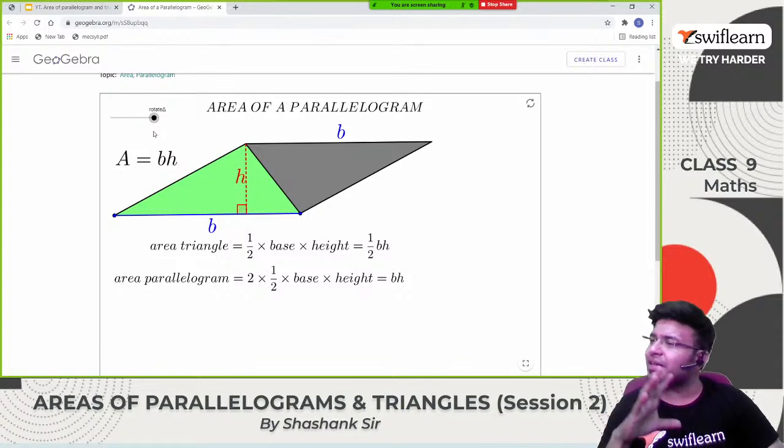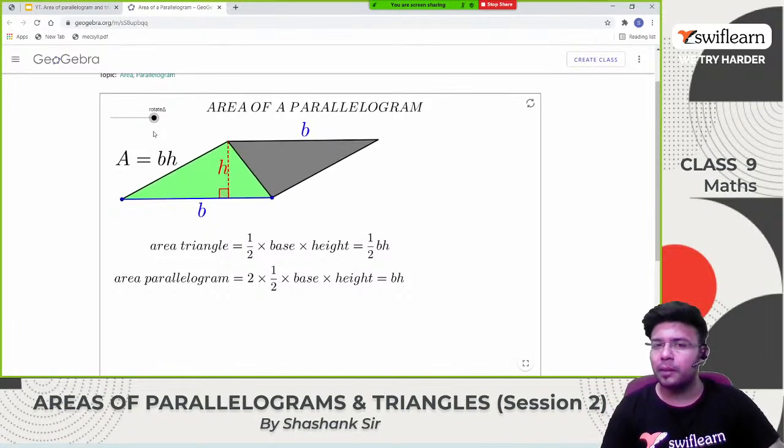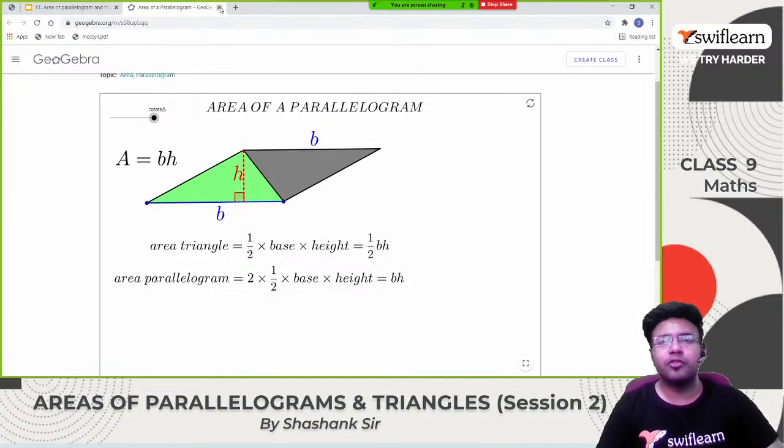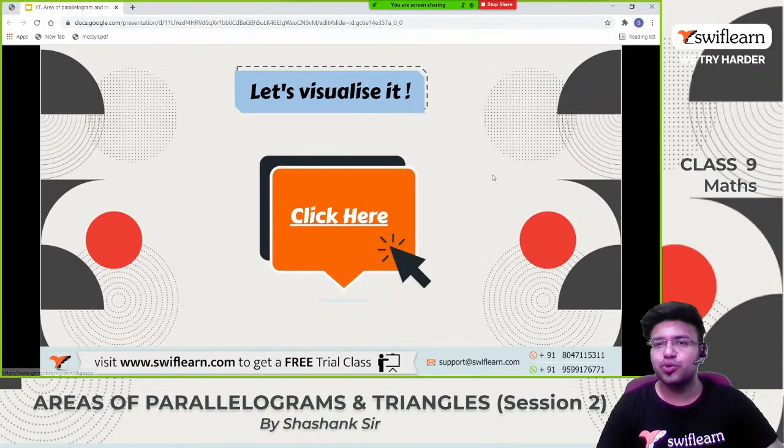Now can I say the area of a triangle is half the area of a parallelogram? Yes. Half the area of a parallelogram is equal to the area of a triangle, or 2 times the area of a triangle is equal to the area of a parallelogram. This I can say with this example which you saw now.